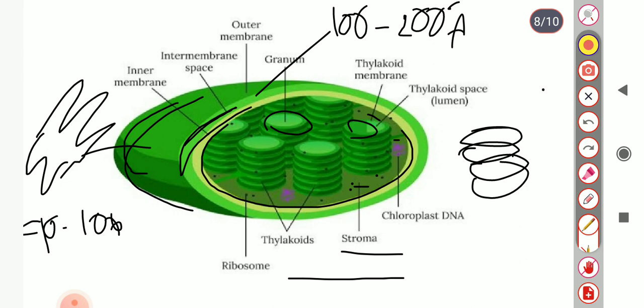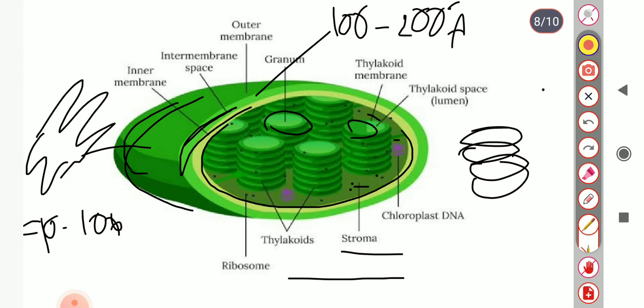I'll repeat. First of all, photosynthetic activity: chloroplasts help in photosynthesis. Second, energy transduction. Third, consumption of carbon dioxide. Fourth, liberation of oxygen: chloroplasts liberate oxygen which passes into the atmosphere. Fifth is storage of starch.